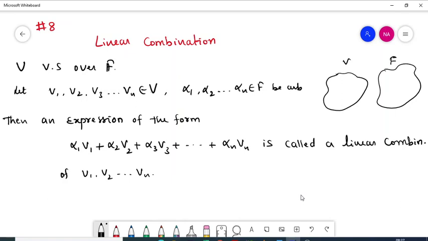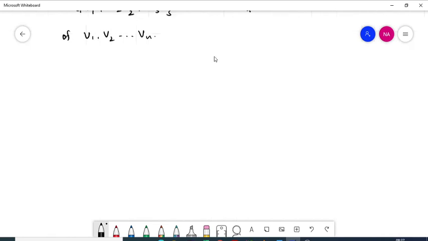So an expression of this form is called the linear combination of V1, V2 and so on Vn. That is the definition of linear combination.